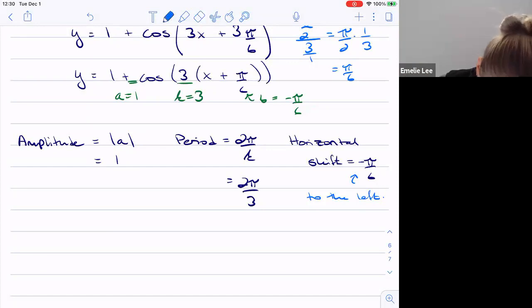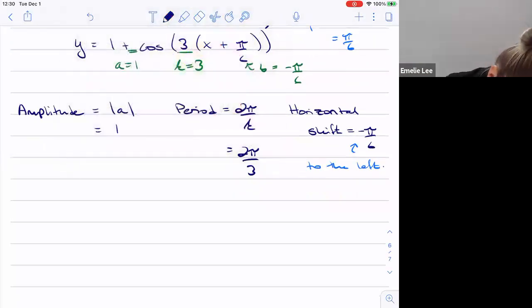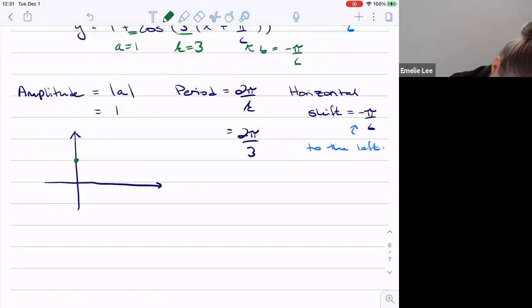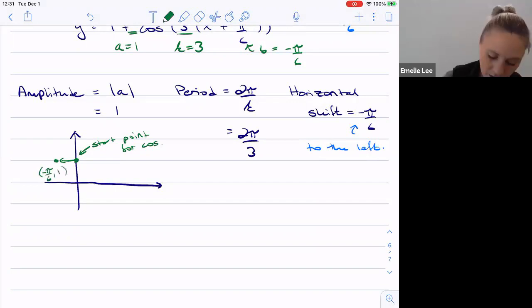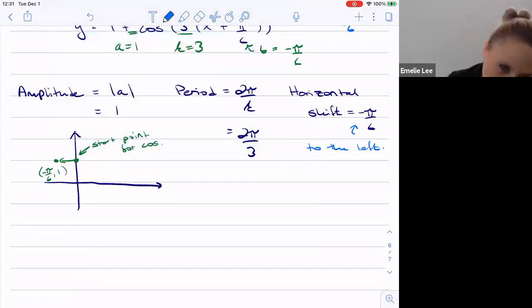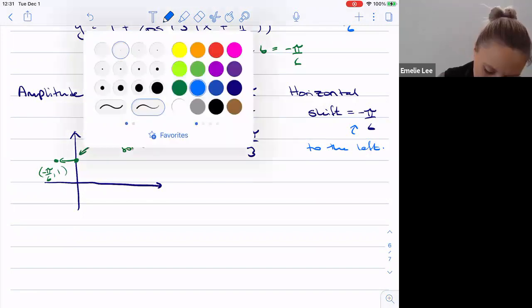Okay, so what happens is if you've got your original starting point for cosine, which is here, start point for cos, right? Then if I shift to the left, I get to negative pi over 6, 1. So I shift left. That's my first step.